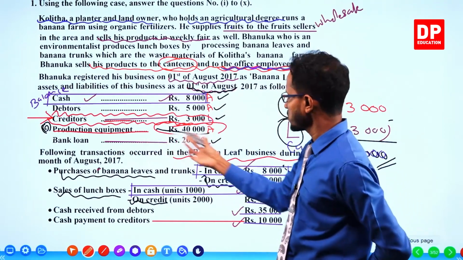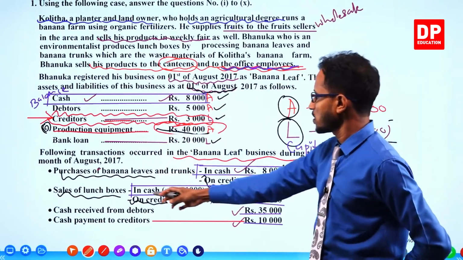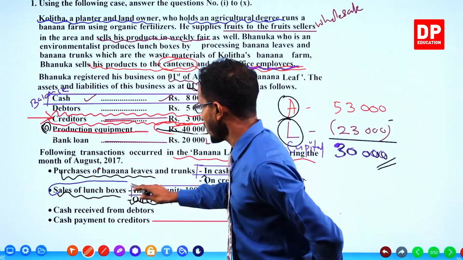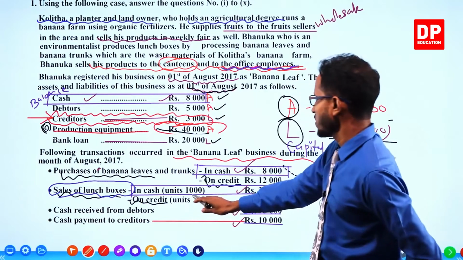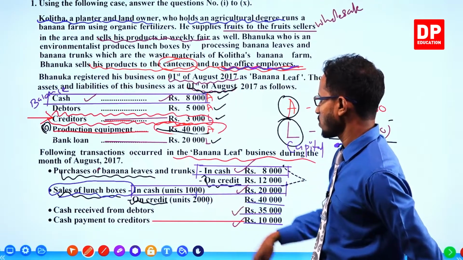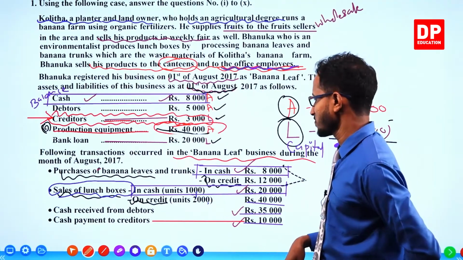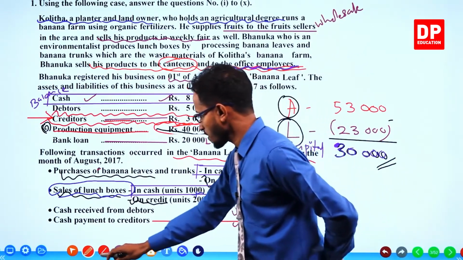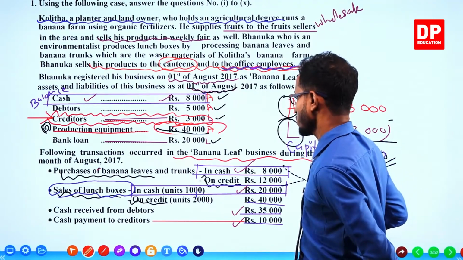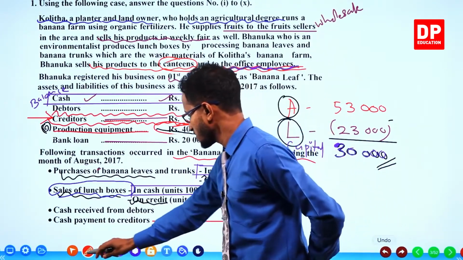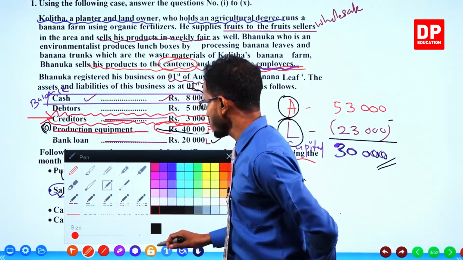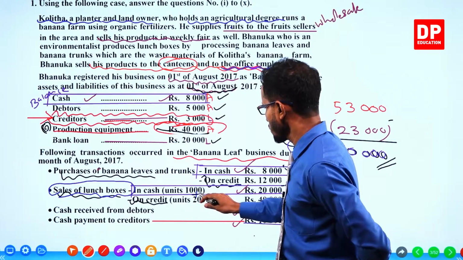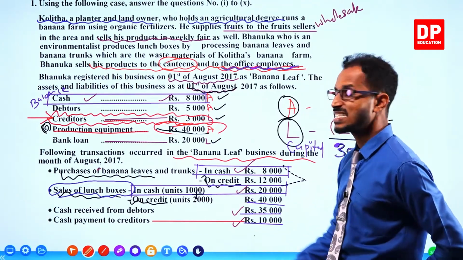Number of lunch boxes? Yep, it's given. See, selling of lunch boxes, how many? 1,000 units for cash plus 2,000 on credit. So how many units produced and sold? 1,000 plus 2,000, it's 3,000.